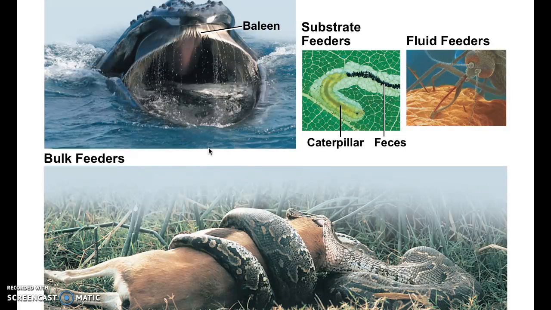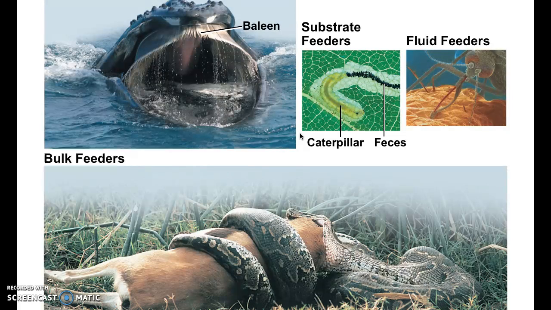Think of it as a semi-permeable membrane, right? The water can come out, and everything else just stays inside. Filter feeders and suspension feeders were also one of the earliest forms of ingestion of food within the higher level organisms.